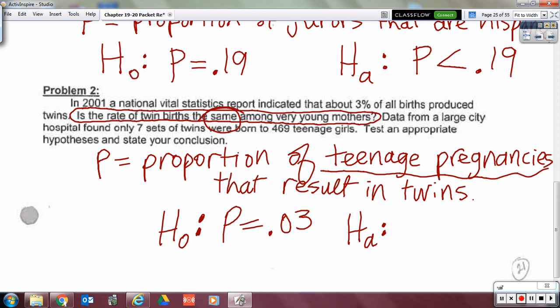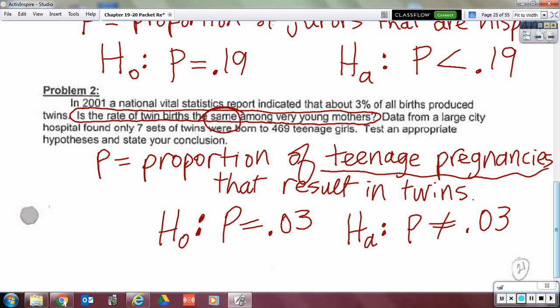So does that indicate higher or less than? It doesn't indicate higher or less than, so therefore we just don't know which direction, so we're going to go not equal to. So I don't know if it's higher or if it's lower. I just am wondering if it's different. HA means alternative hypothesis. That means that's kind of what I'm wondering about.